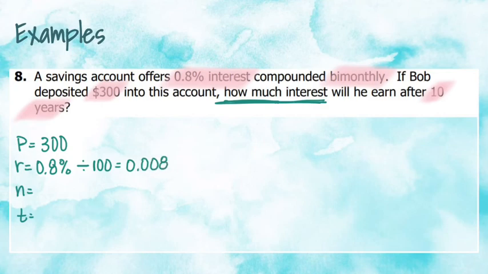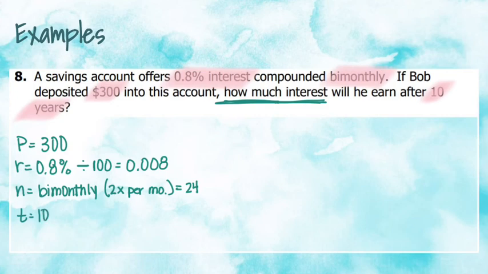N is how many times per year that it's compounded. It is compounded bi-monthly. That means 2 times per month. So that means that N is going to equal 24, because 24 times a year is how often it is compounded. And then it wants to know how much interest there will be after 10 years.